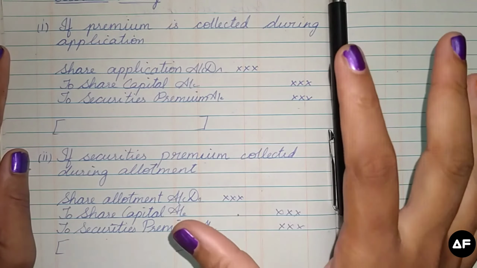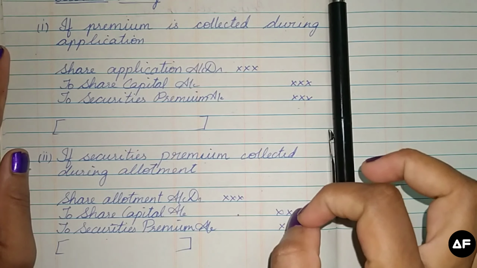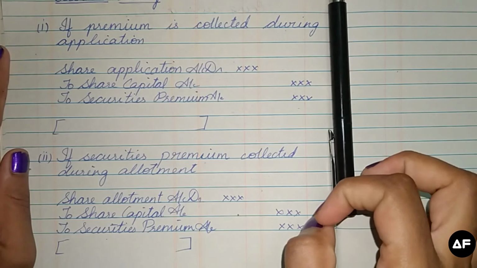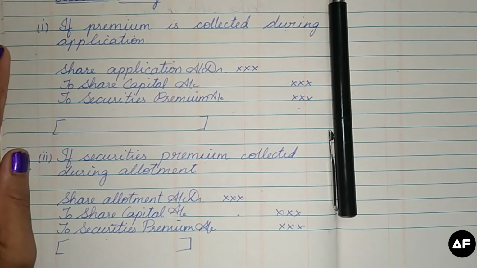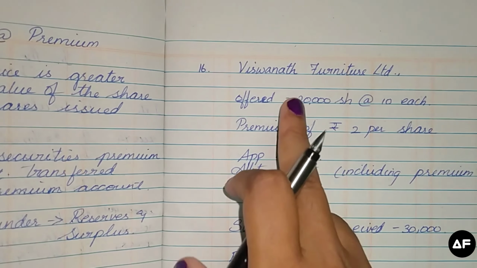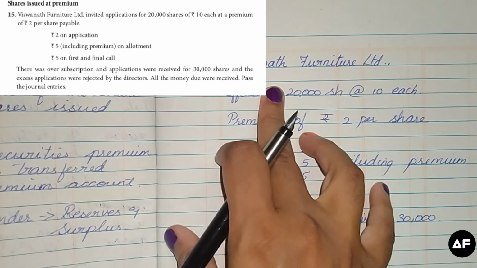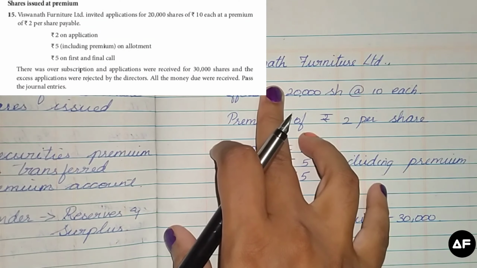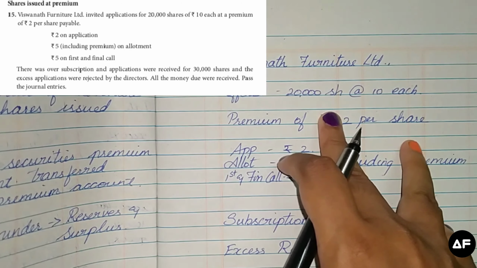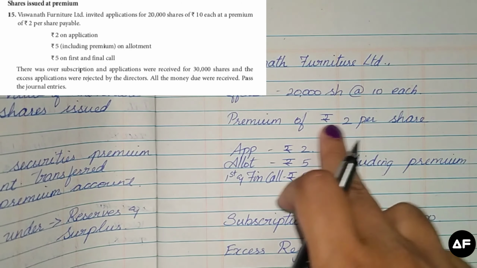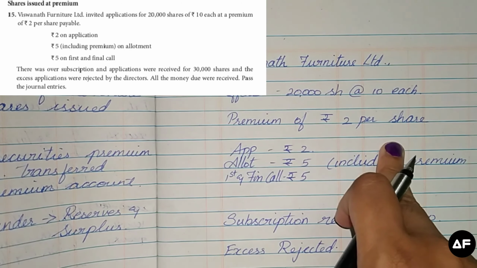Let's have a look at a sum to clearly understand shares issued at premium. This is the 16th sum. Let me read through the sum. Vishwanath Furniture Limited invited applications for 20,000 shares of 10 rupees each at a premium of 2 rupees per share.